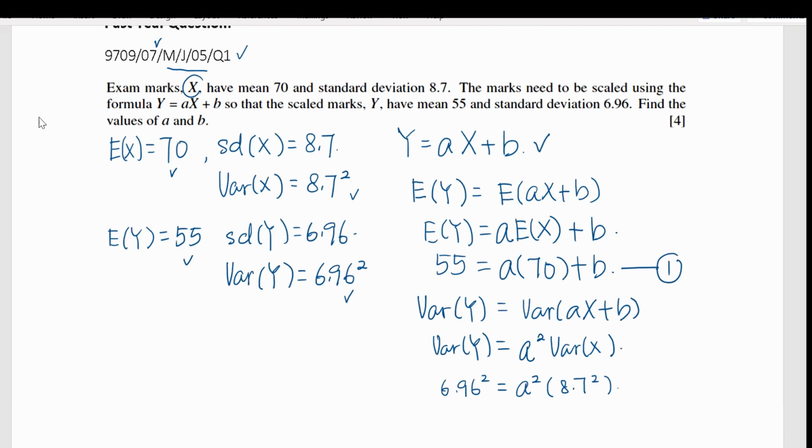From here, we will be able to figure out the value of a.